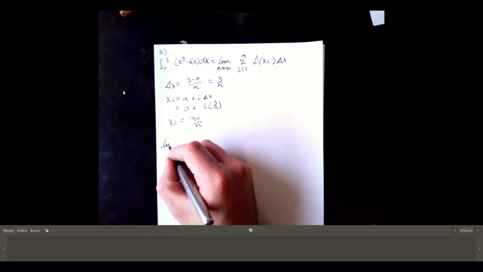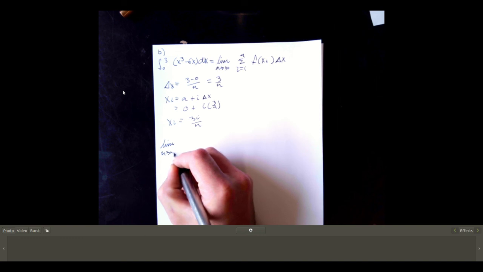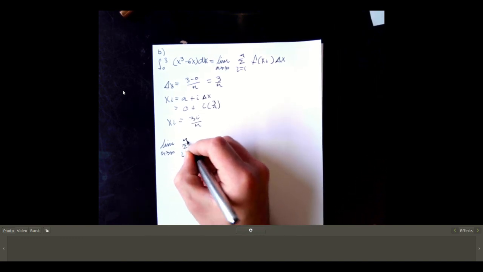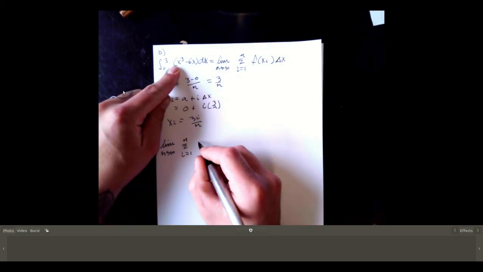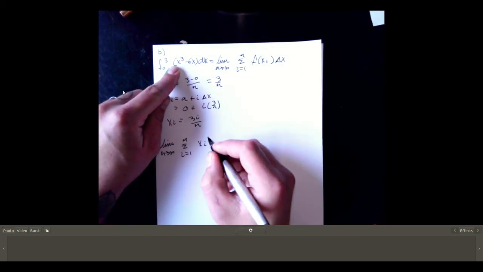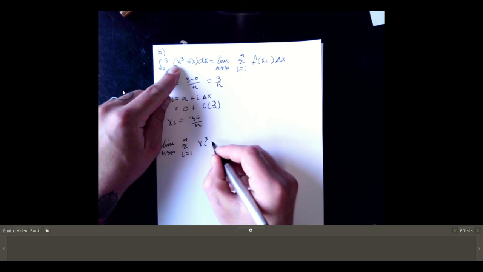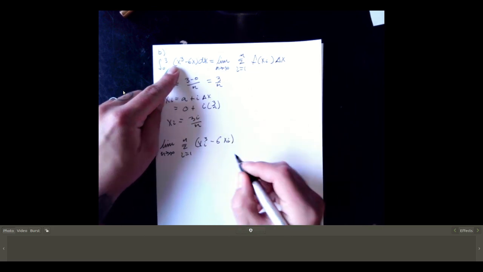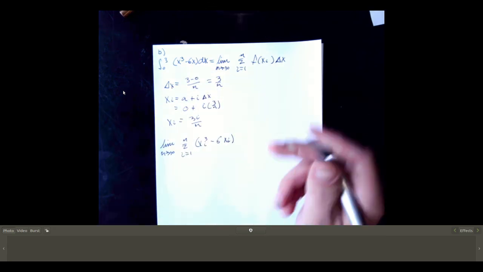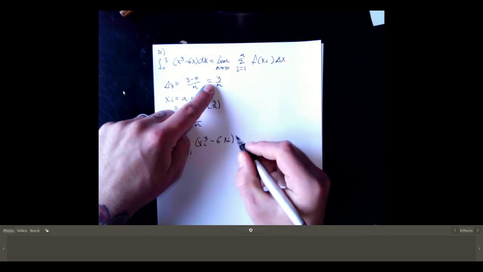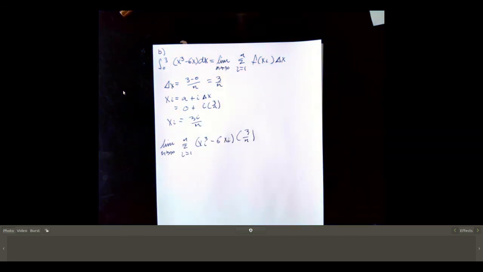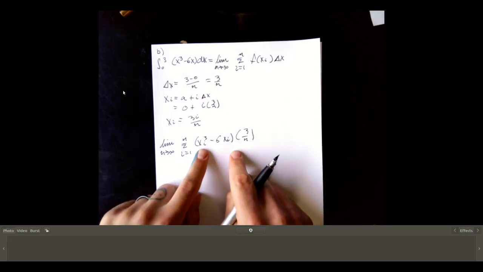So we can perform these substitutions into this limit. We get the limit as n goes off to infinity of the sum from i equals 1 to n of xi cubed minus 6 times xi, times delta x, which is going to be 3 over n. Perfect. So let's further substitute.